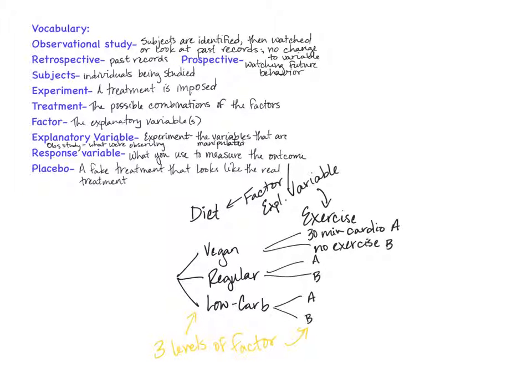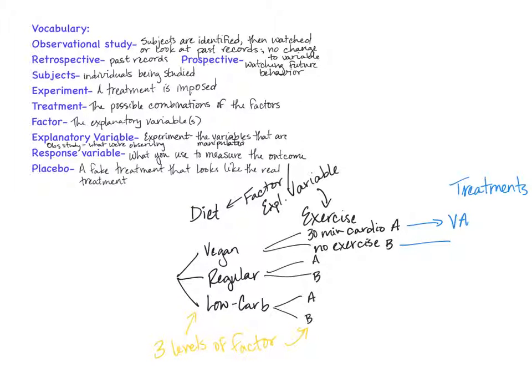So with each of those, I'm going to have a treatment. I'll have one group of subjects that does a vegan diet and 30 minutes of cardio a day. So we'll call that, these are all the treatments. So this will be VA.